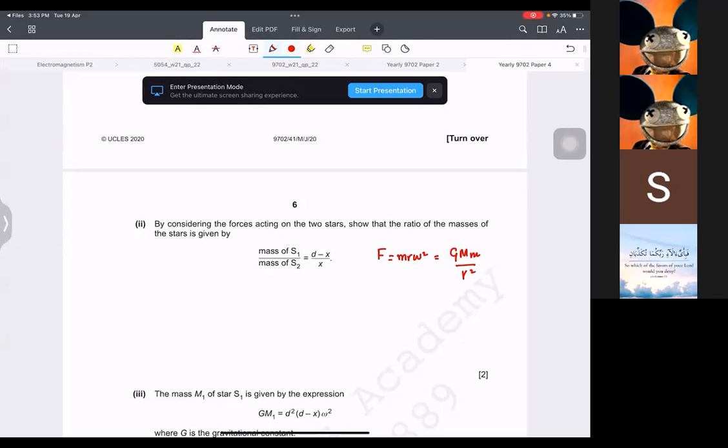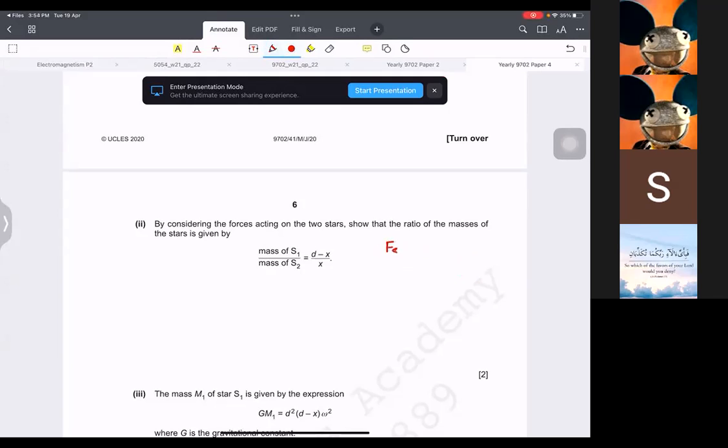We're going to say m1 and m1 m2, like this. So m1 and m1 cancel out. Let me write it down.